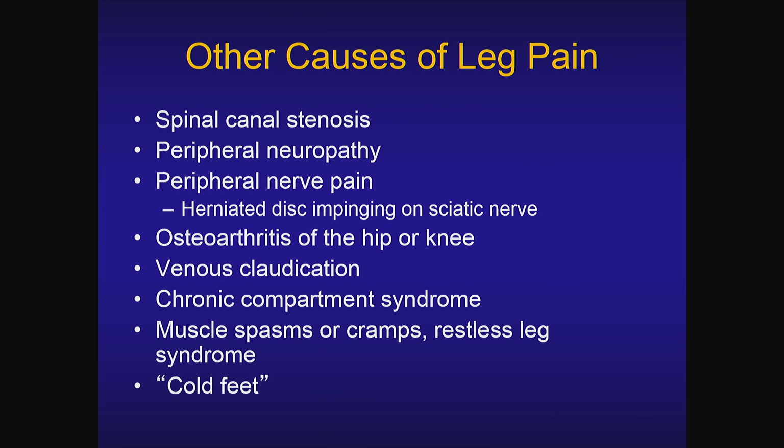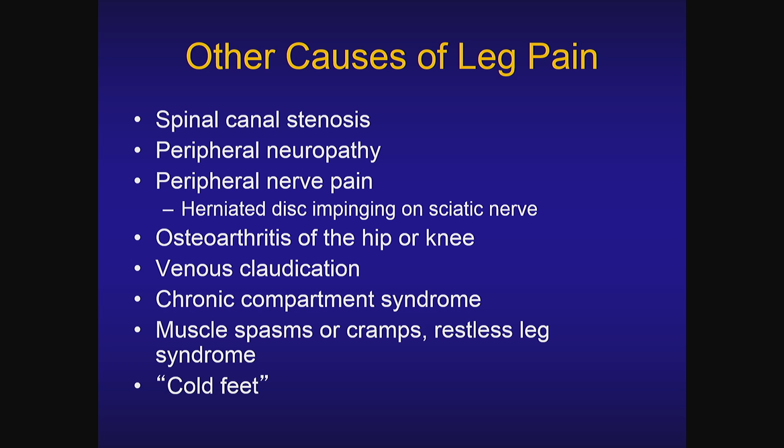When evaluating a patient with peripheral artery disease, it is important to consider other causes of leg pain, many of them, of course, increasing in prevalence in the elderly population who is also affected by peripheral artery disease. And so one should keep in mind the possibility of spinal stenosis, peripheral neuropathy, osteoarthritis, as well as venous claudication related to reduction in venous return because of venous reflux or underlying venous obstruction.